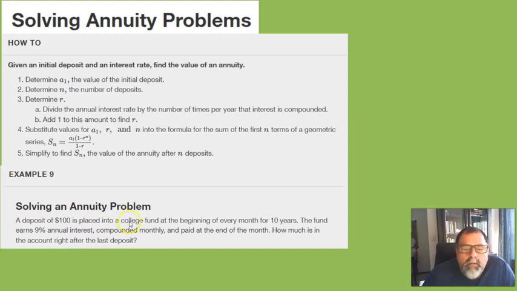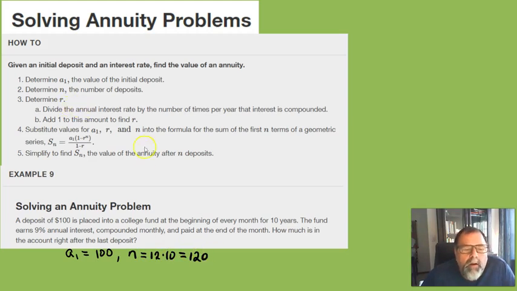Okay, so our first A sub 1 is the 100. N is, we're doing it monthly for 10 years, so there's 12 months for 10 years, so that's 120.